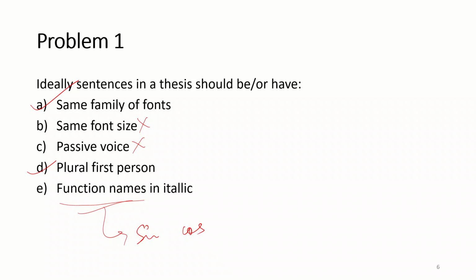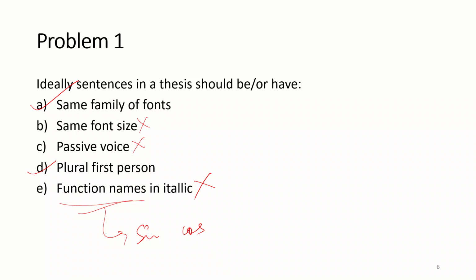Not like variables, like x and y. No, no. It is neither in italics nor in bold. We just write it in a normal font, the way we write the other sentences in the results or discussion part. If a function name is there, we write it normally. It is not italicized or bold.